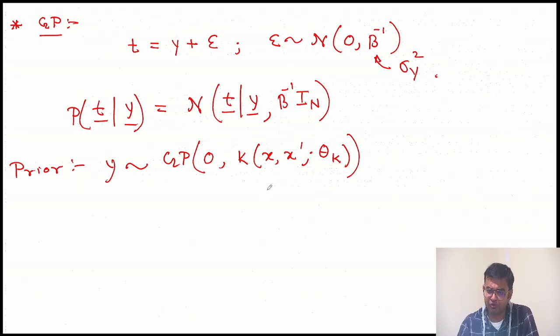Now this prior is over the unknown function y. GP is a distribution over functions. But we cannot work with this in the function space because t is only known at some finite number of points. So what do we do? We use the definition of Gaussian process to define a prior over y bar, or the vector y.